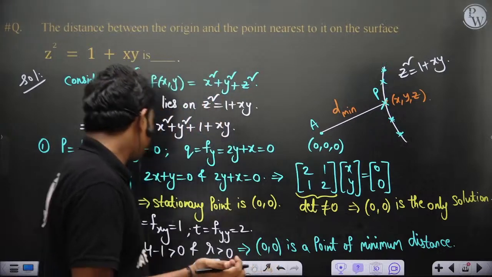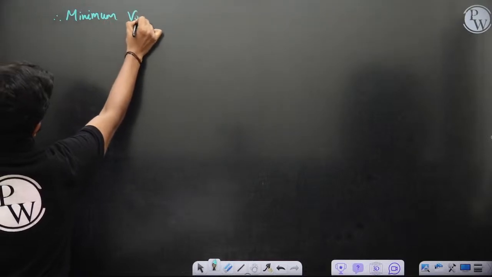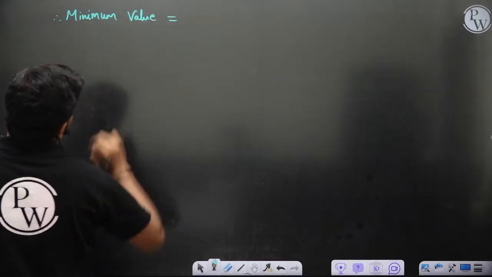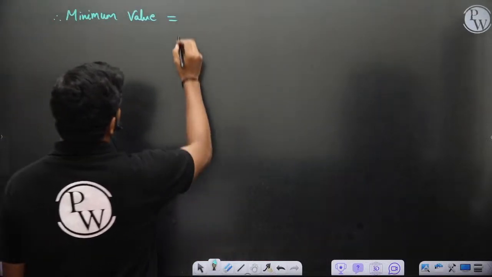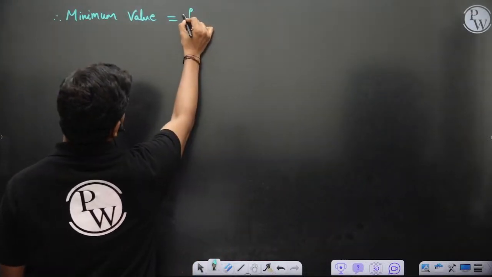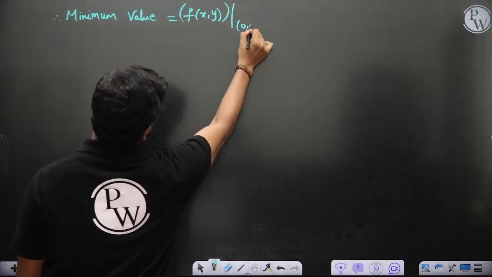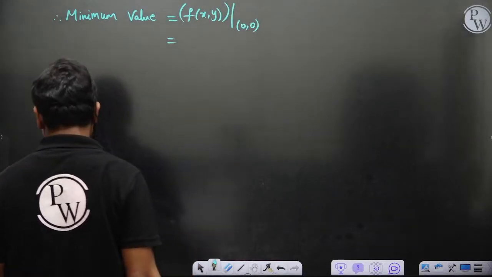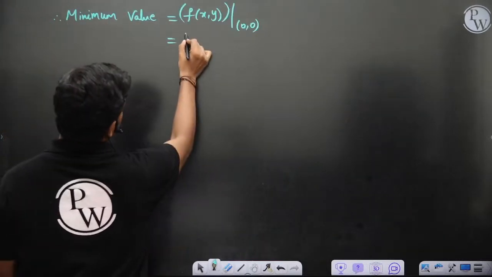So what is the minimum value? So therefore minimum value is equal to f of x comma y at 0 comma 0. So if you replace x equal to 0 and y equal to 0 in this function, 1 is what you are left with, so this is 1.